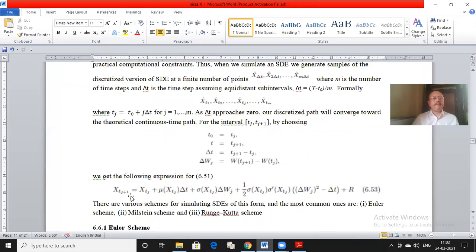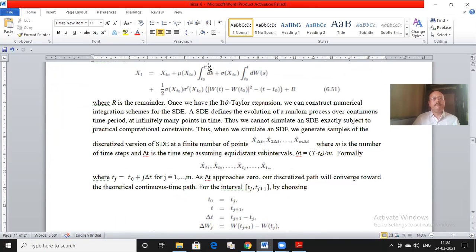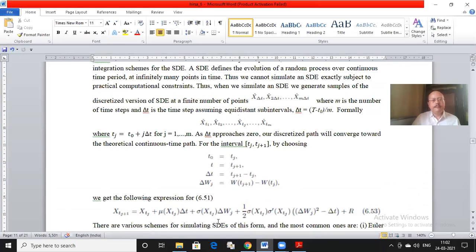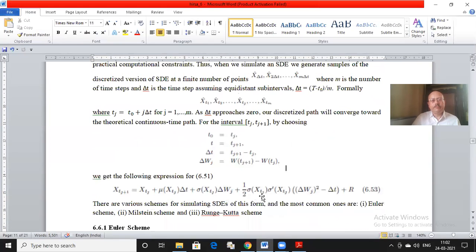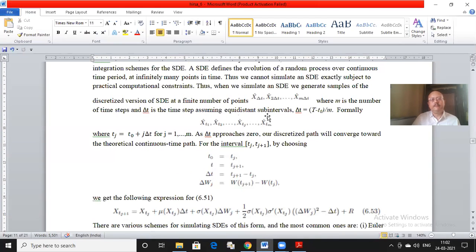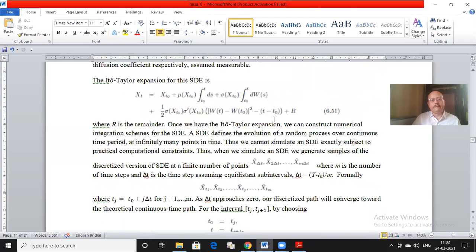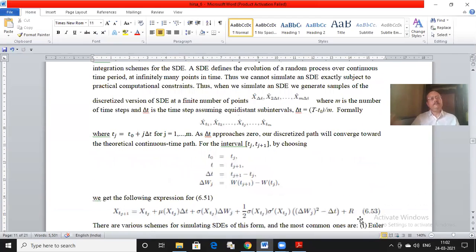Okay, so xt is xtj plus 1, xt naught is now xtj, mu is evaluated at xtj times delta t, because that is the value of this integral now, tj to tj plus 1, sigma xtj delta wj, because that is the value of this integral here, plus half sigma sigma prime both evaluated at xtj times delta wj square minus delta t, this thing, t minus t naught plus r.